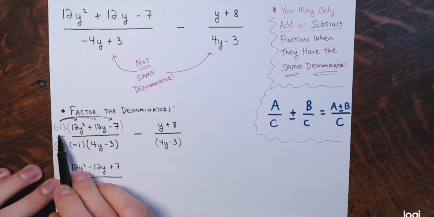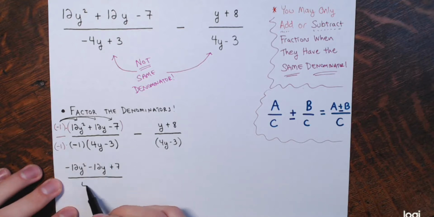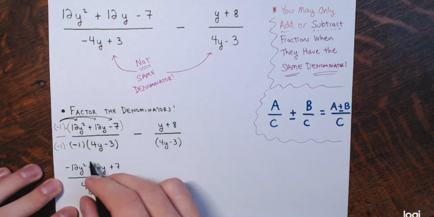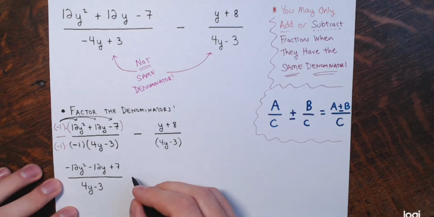So that's the only reason I'm multiplying by -1, so that -1 times -1 in the denominator becomes +1. And I'm left with just 4y minus 3, right? And since it's the only factor left, I don't really need parentheses around it. If you want to put parentheses around it, that's fine. All right, so now I've changed the first fraction into an equivalent fraction with the denominator of 4y minus 3.